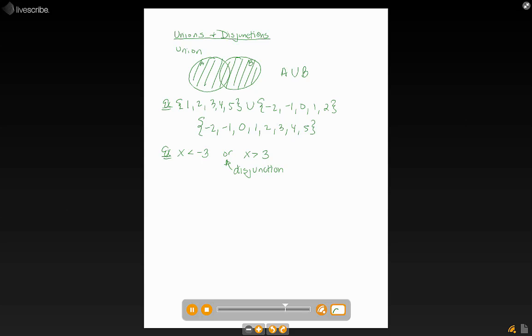And it means all of the above, right? It means everybody who's either less than -3 or bigger than 3. Let's draw a picture of that.